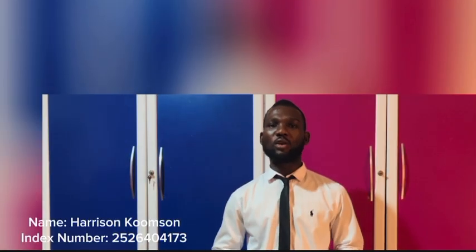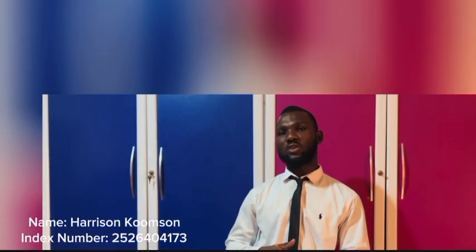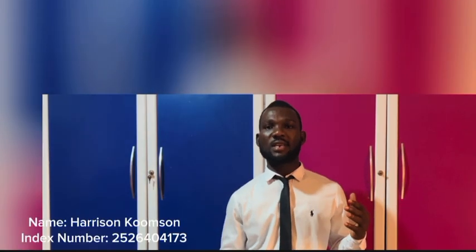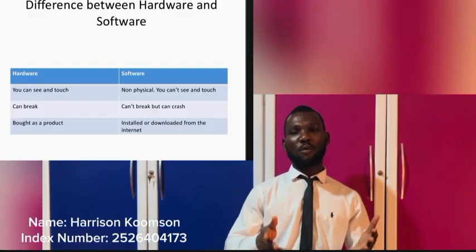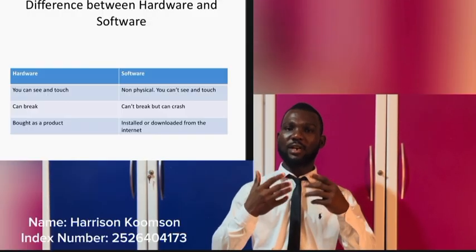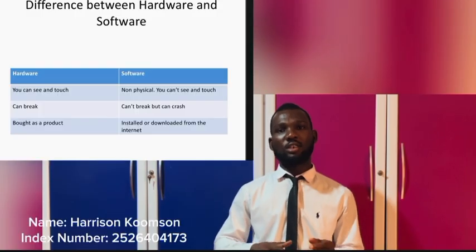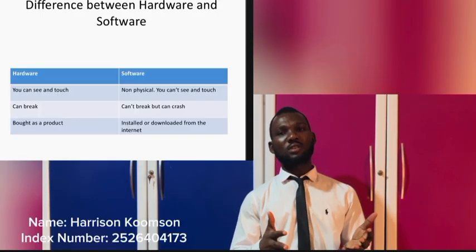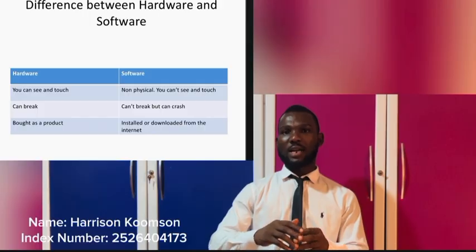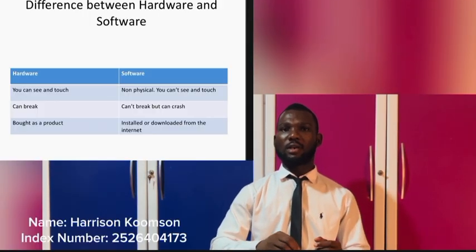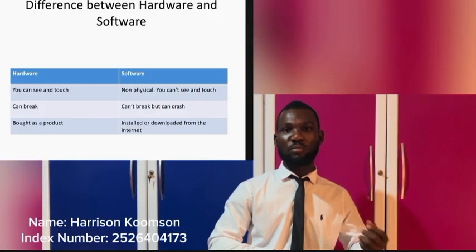Okay, so now we are looking at the differences between computer hardware and computer software. What makes computer hardware different from computer software? Computer hardware is physical, you can see it, but computer software is not physical, you can't see it. Computer software can crash, but computer hardware will break.